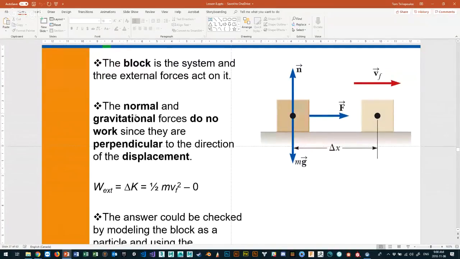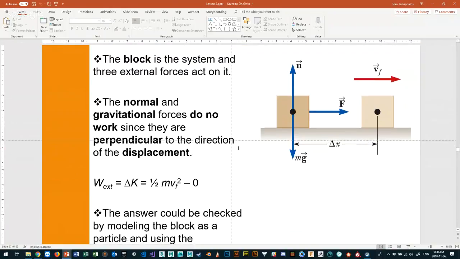But we have this example where we have the block, right? And we're pushing the block. The normal force and the force of gravity are being zeroed out. The block is on some kind of frictionless surface, so we don't care about friction at this point, and we're applying force to the block.